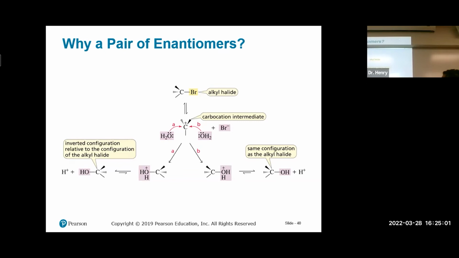Okay, so why do we get a pair of enantiomers? Let's make it easier to see.